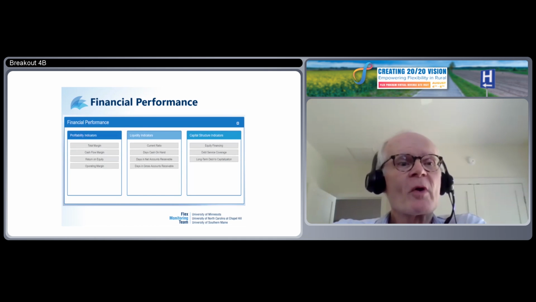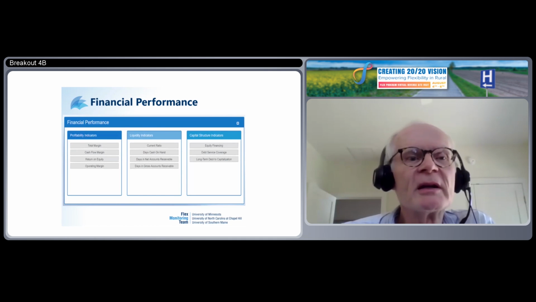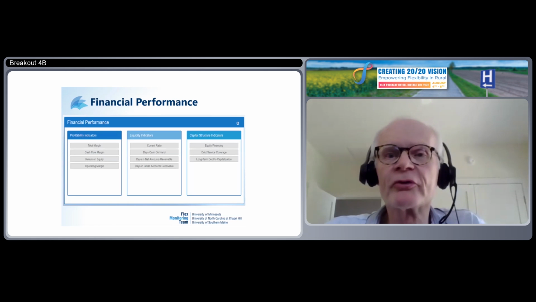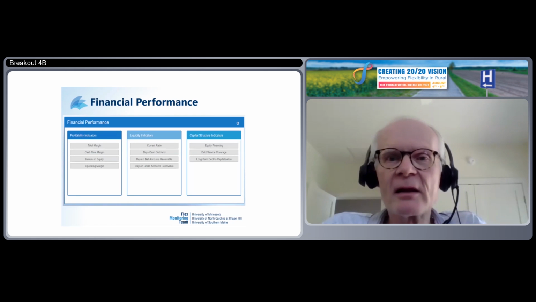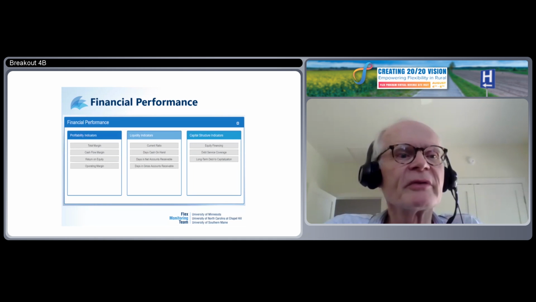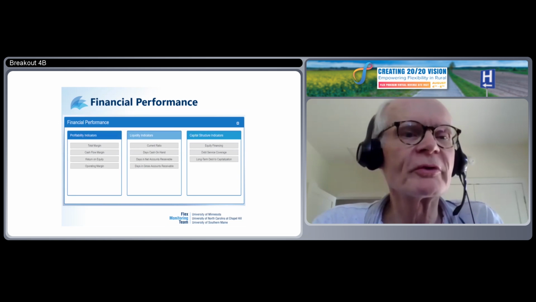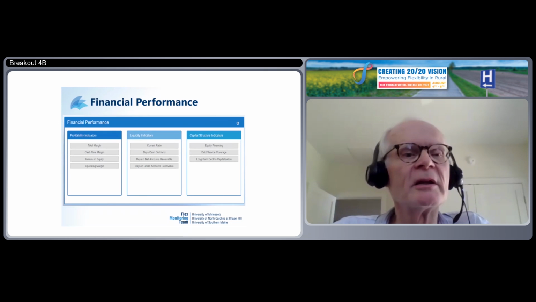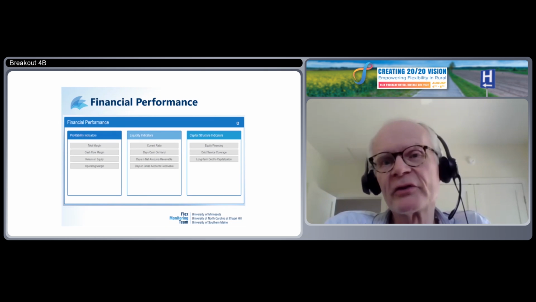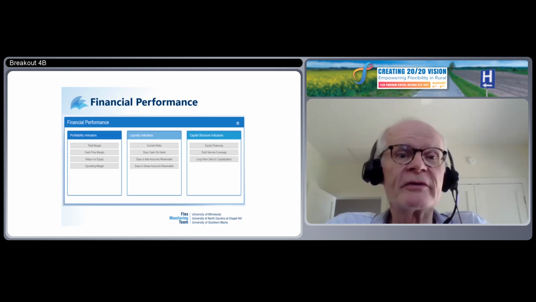So the financial performance drawer, when you click that on, has the profitability indicators, the liquidity indicators, and capital structure indicators. These are exactly the same as the ones we have always used in COMPASS. The total margin probably is the most commonly looked at indicator that we have, because it essentially is telling you, is this hospital making money or is it losing money?